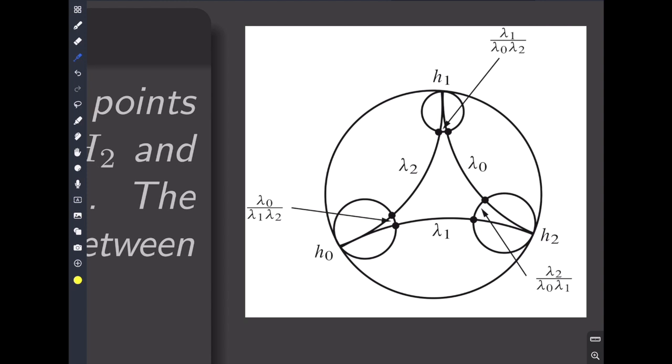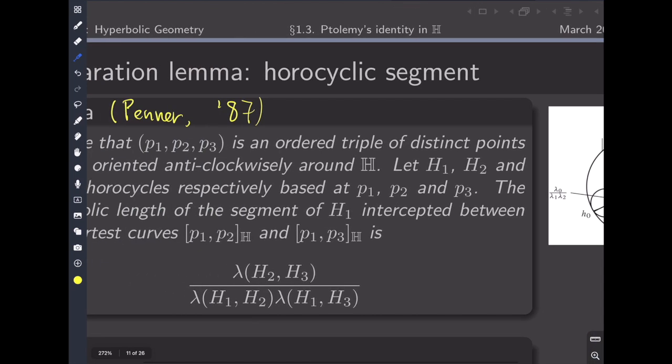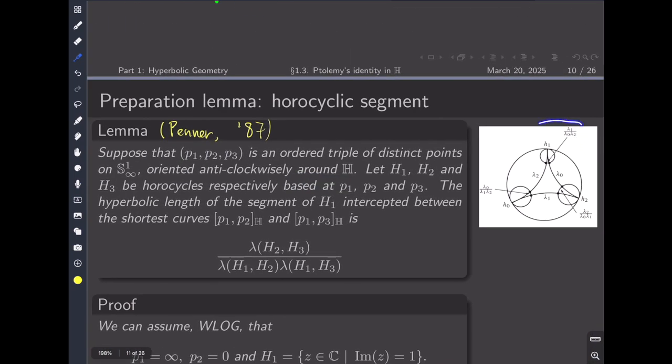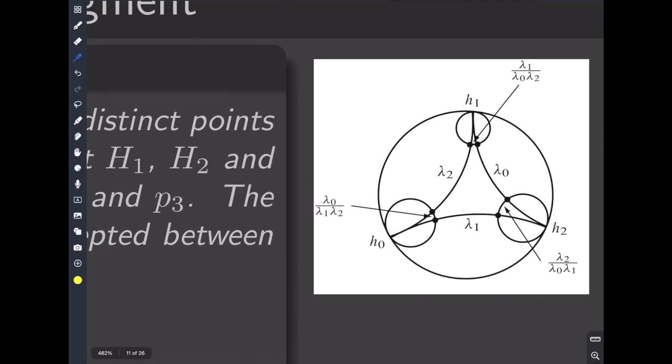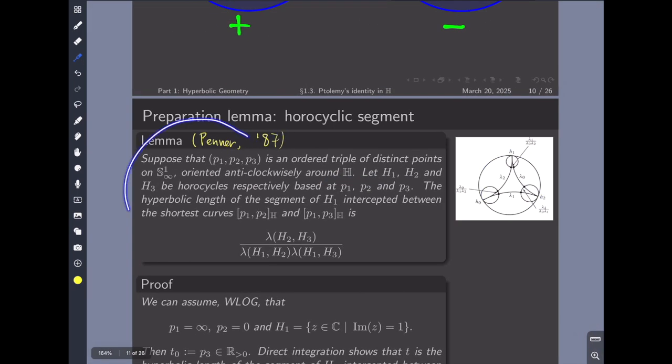Now, this figure I took from Penner's book, but for the statement of the lemma, I did not follow his convention. In this figure of Penner, he numbers 0, 1, 2 in the clockwise sense, and what you are going to see in the lemma is that I numbered things 1, 2, 3 in the counterclockwise sense.